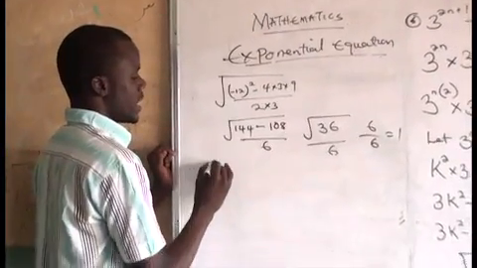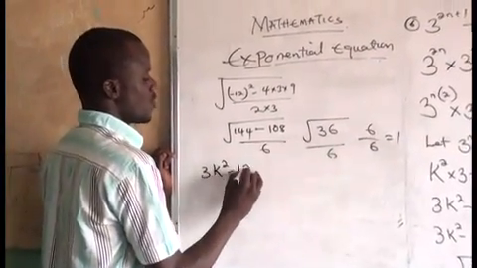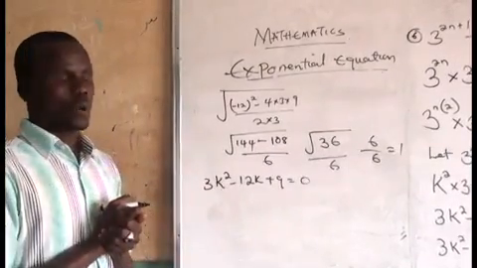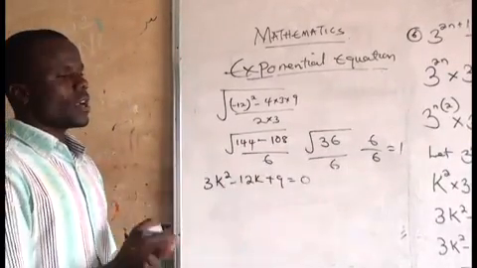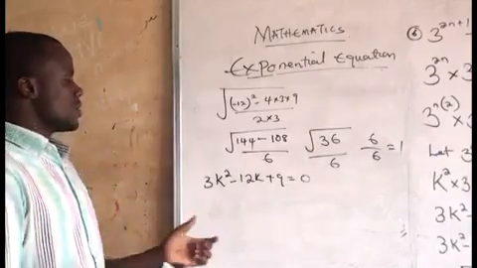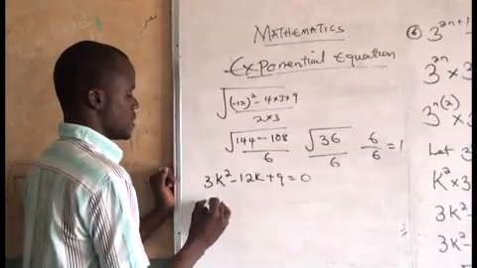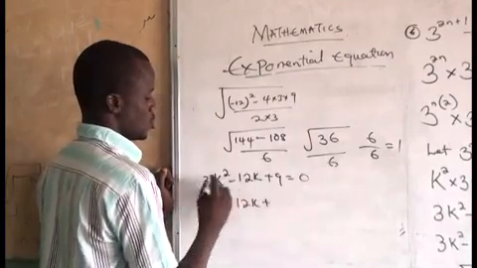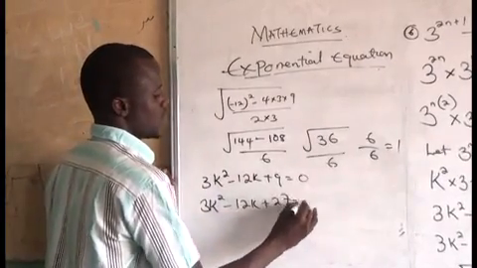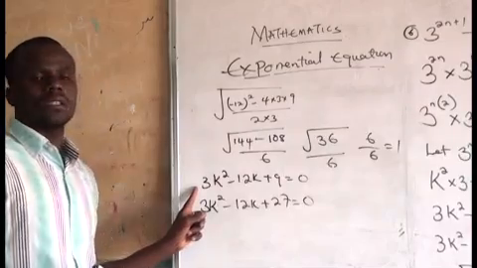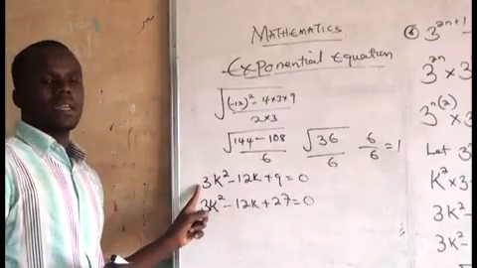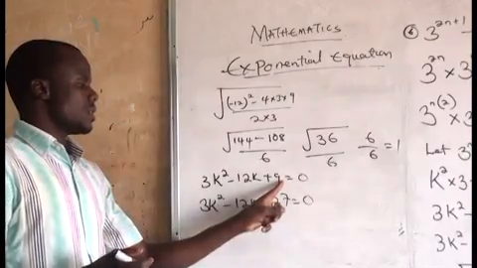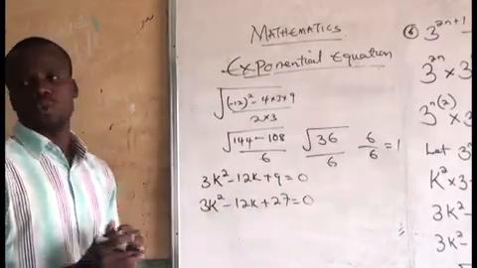Here we say 3k squared minus 12k plus 9 equals to 0. So now the factorization here, we can say 3k squared minus 12k, then plus 27, because we have to multiply the coefficient of k squared with this 9, to give us 27.